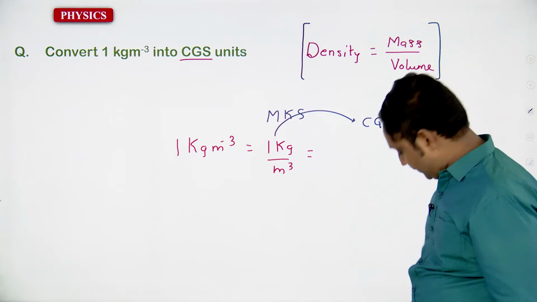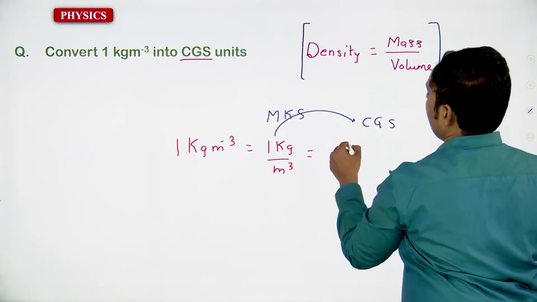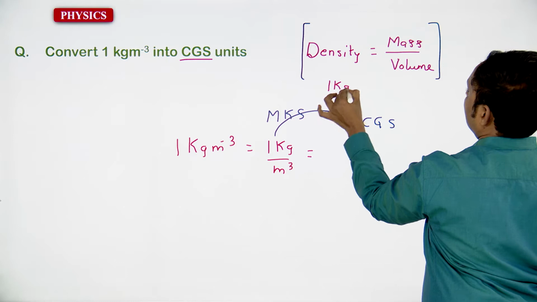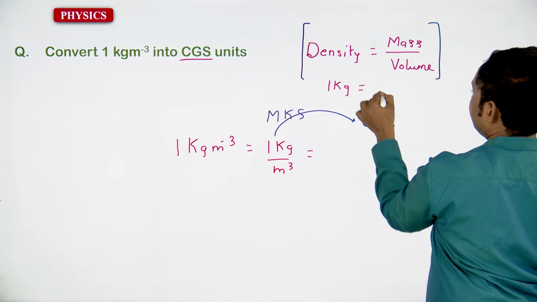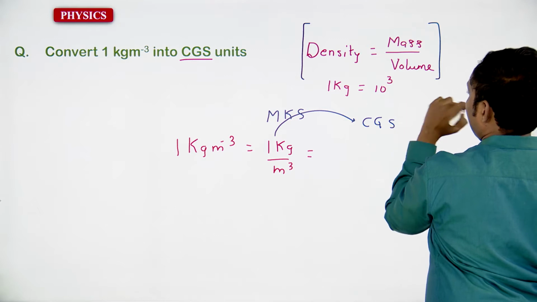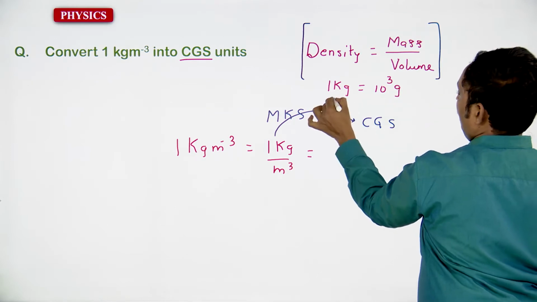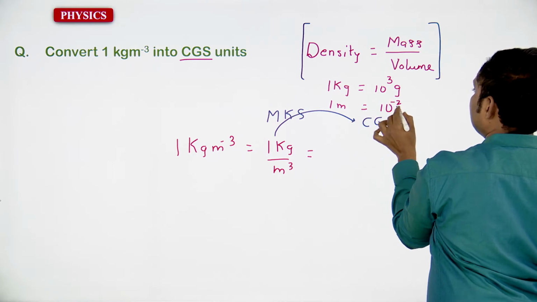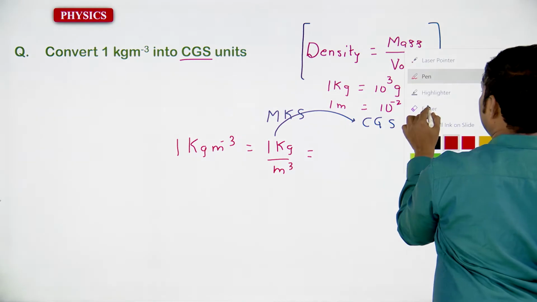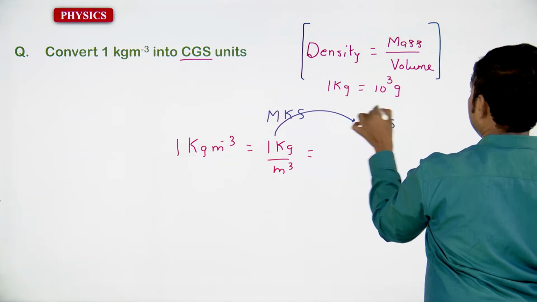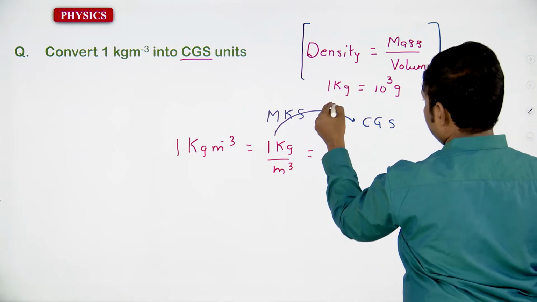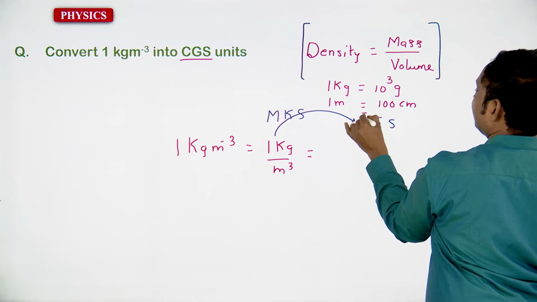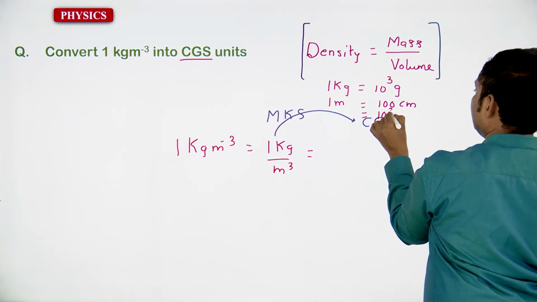Previously, we have seen that 1 kg is equal to 10 to the power of 3 grams. 1 meter is equal to 100 centimeter, that is 10 to the power of 2 centimeter.